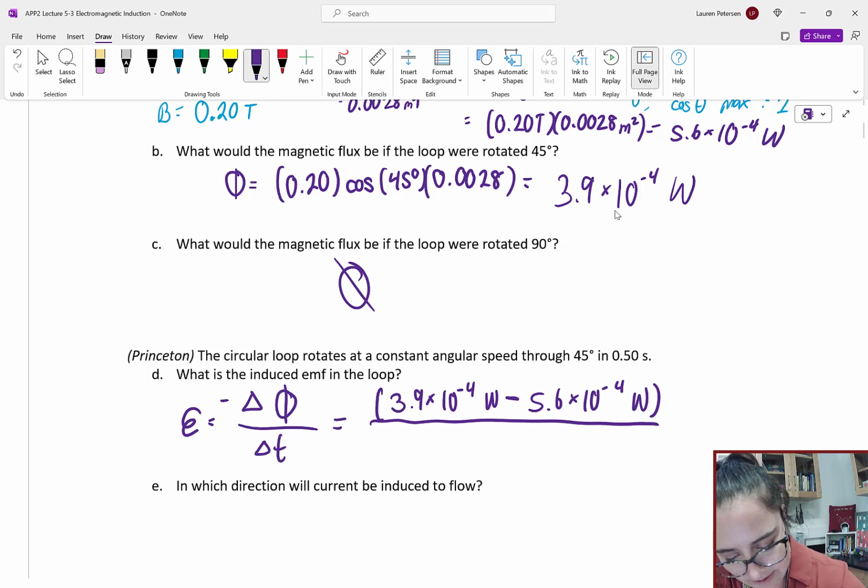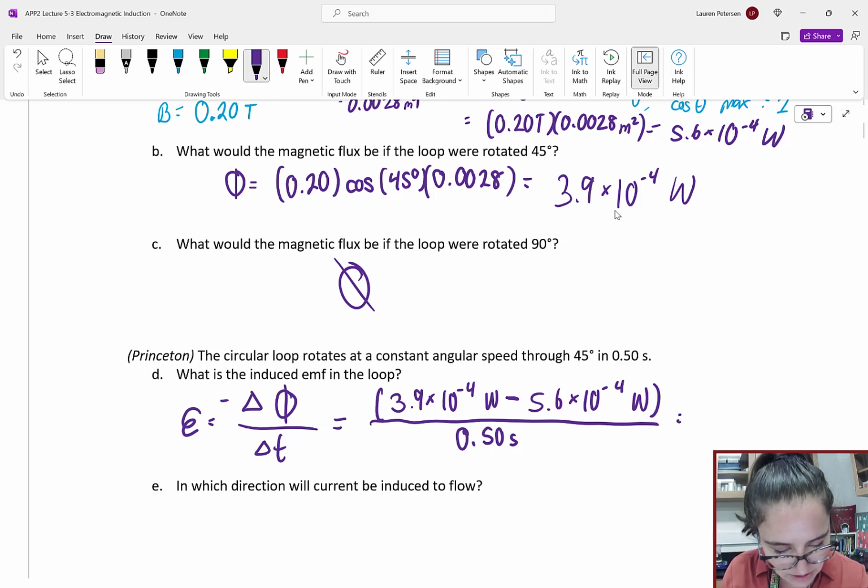And they're saying that all happened in a time duration of 0.5 seconds. So we can plug that into our calculators, and we get 3.4 times 10 to the negative 4 volts.